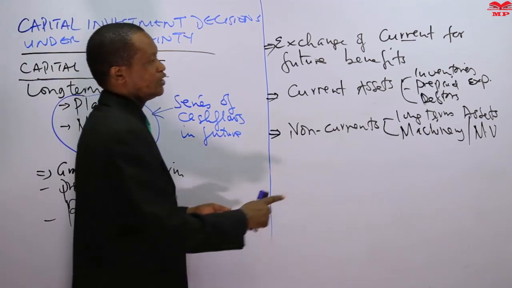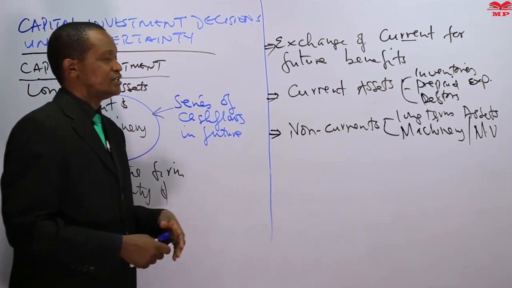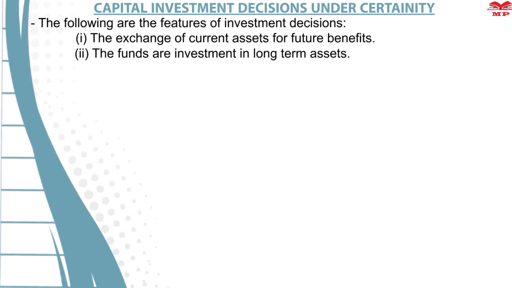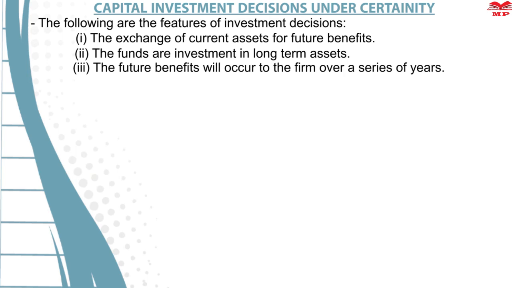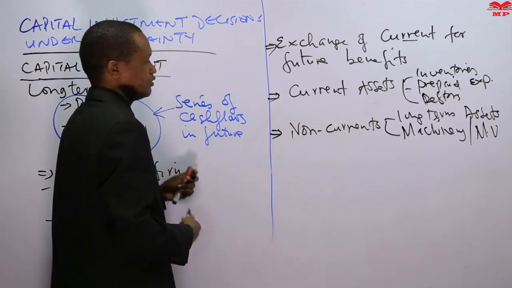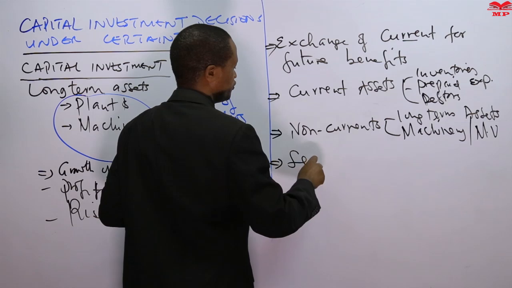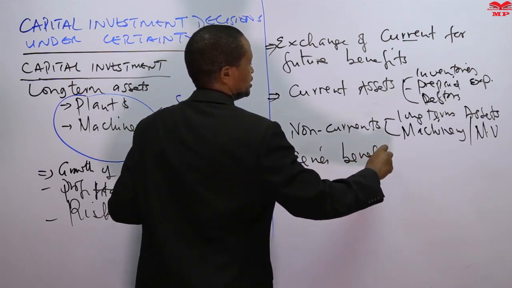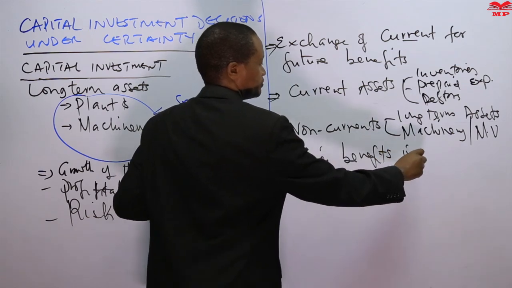So that is a long-term asset. That is another aspect of capital expenditure. Then future benefits will occur to the firm over a series of years. So when we invest in long-term assets, we will have a series of cash flows or benefits in future.